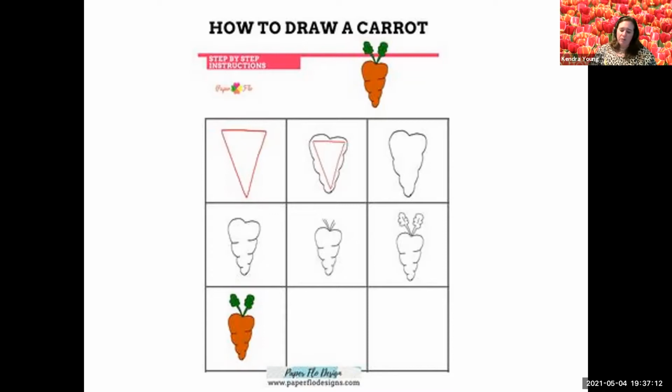You may not want to draw it super dark. Use light pressure on your pencil, and then if you color it afterwards, you won't see your pencil marks. Carrots sometimes have little divots where they grow. And when carrots grow out of the ground, the stems have the leaves and the fronds. So you're going to make your leaves on top.